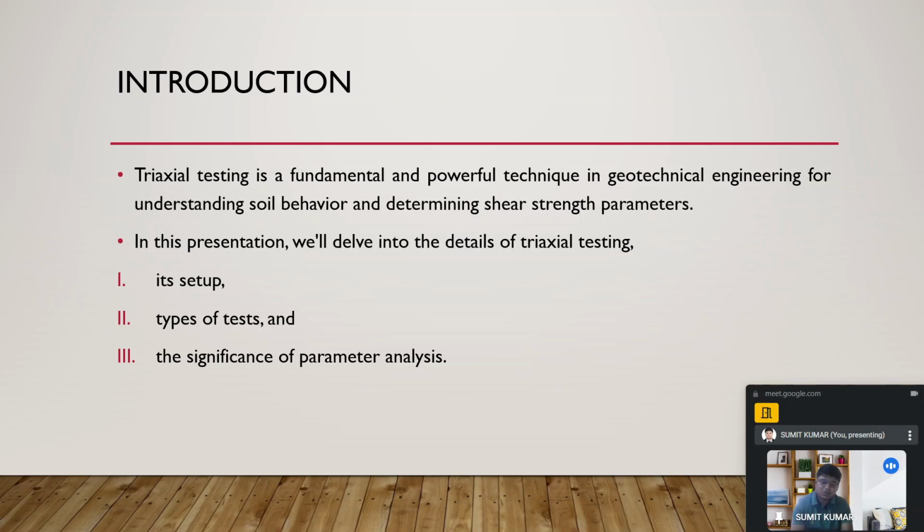How we are able to perform the different types of triaxial test will also be shown, which will help you understand the concepts, the setups and types of tests, and the significance of parameter analysis. With the help of that, you will see what parameters we are able to find.